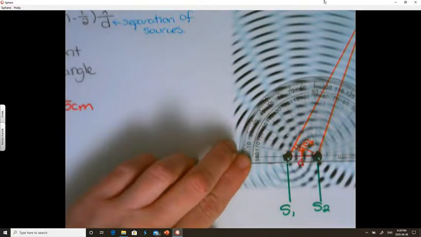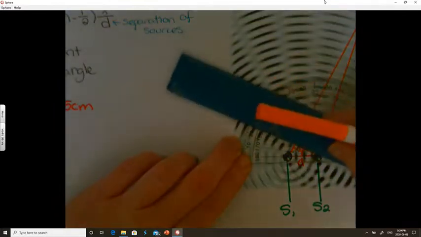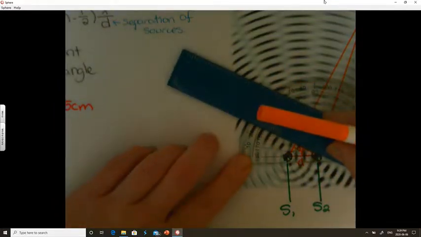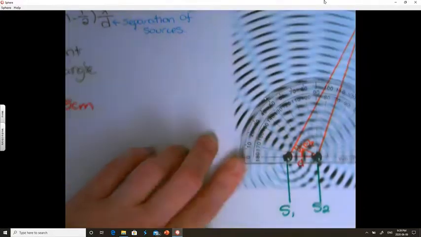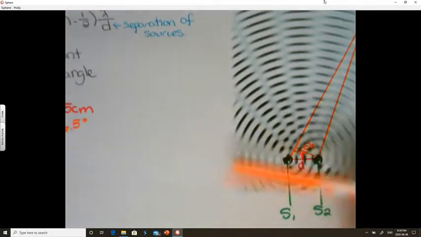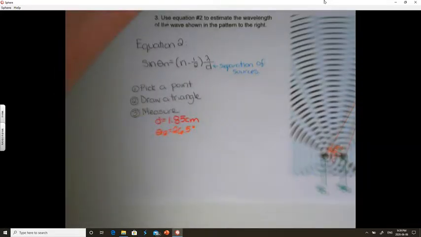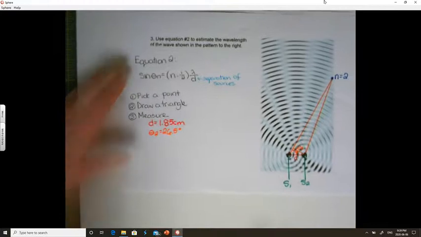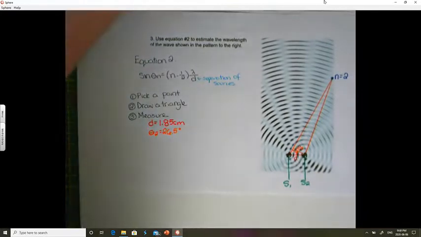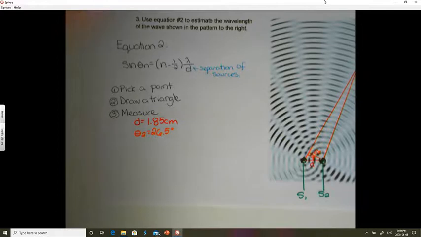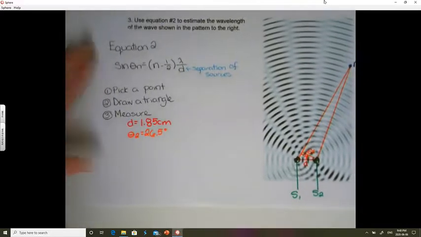And if I look along here, it looks like it's about 26.5 degrees. So we're going to get a pretty lousy answer here because that's a really big angle. And these equations tend to work best when our angles are really tiny. But the tinier they are, the harder they are to measure. It's a little bit of a conundrum there.